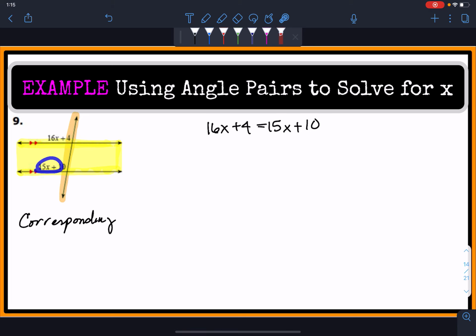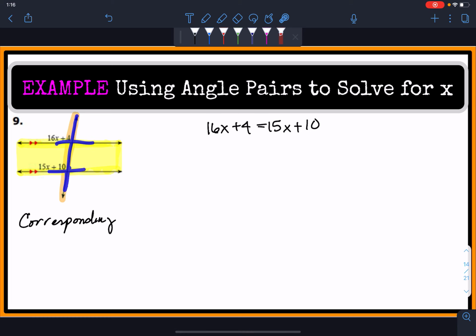Notice that this angle is in the same place, on the top left hand side. So they're corresponding because they're located in the exact same place relative to the transversal when the parallel lines are cut by the transversal.